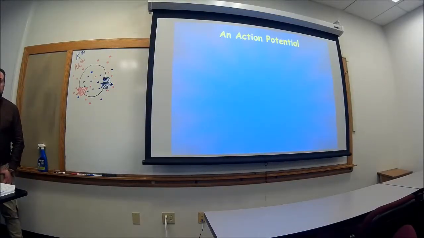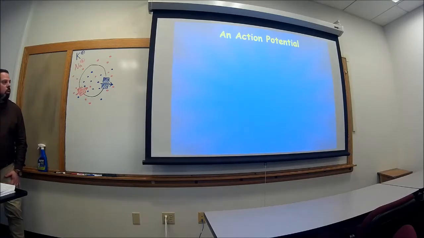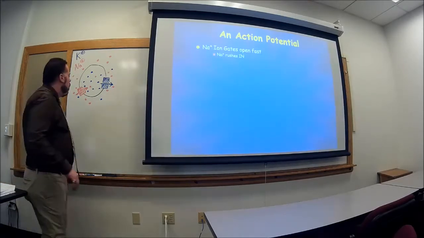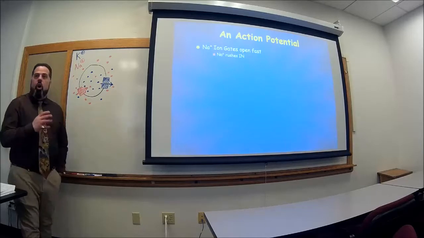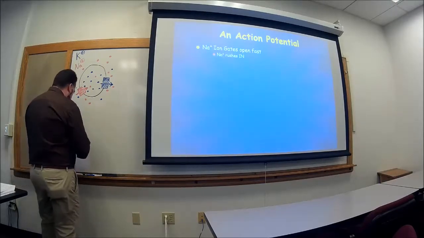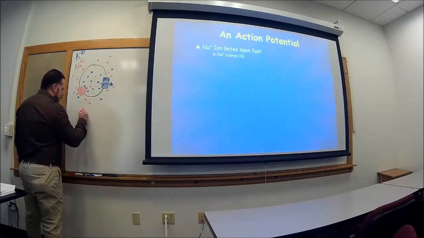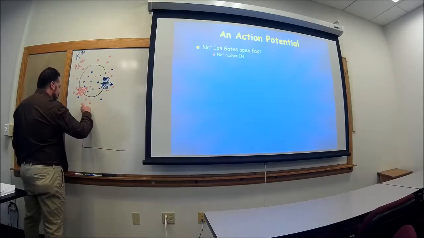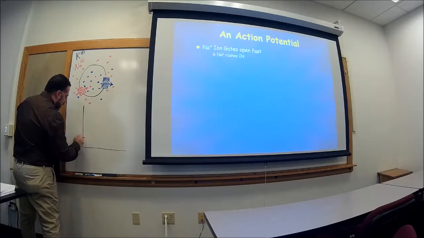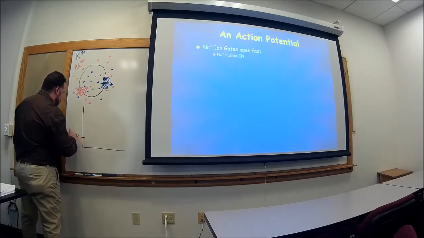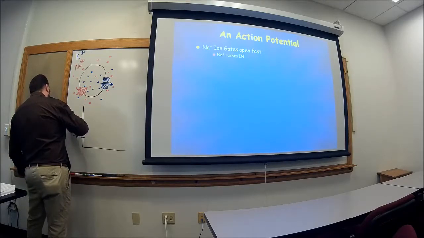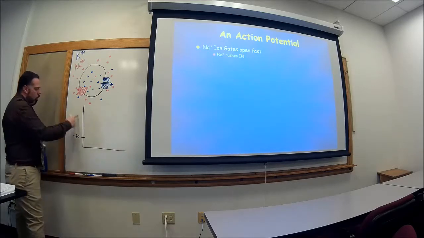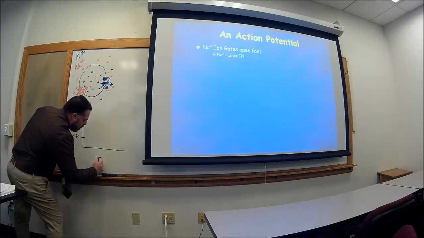So, this is what an action potential is. Sodium gates are going to open. Now, let me show you what's going on here. This is your action potential. I know you guys did this, so I'm just going to be very brief with this. The resting potential is going to be at negative 70 millivolts. Millivolts is on this side, time is on this side.